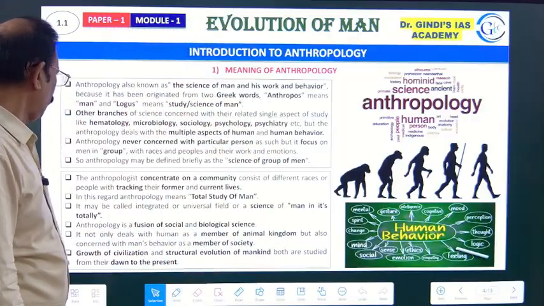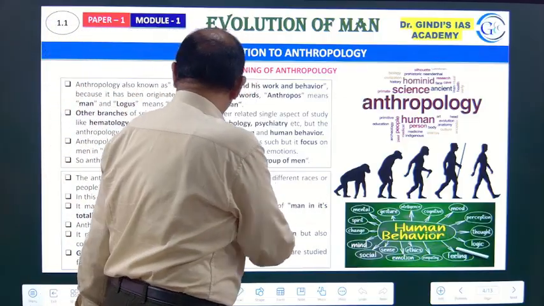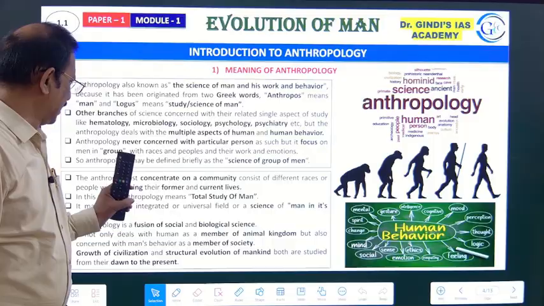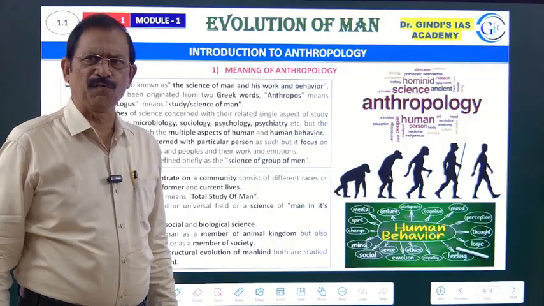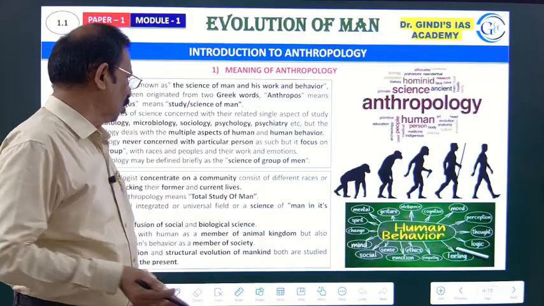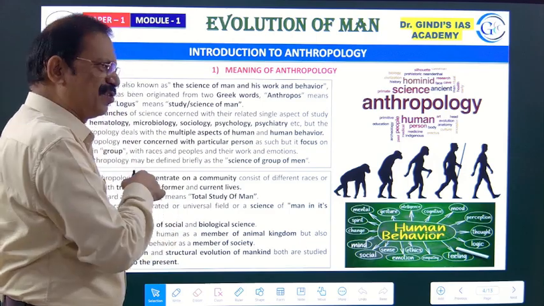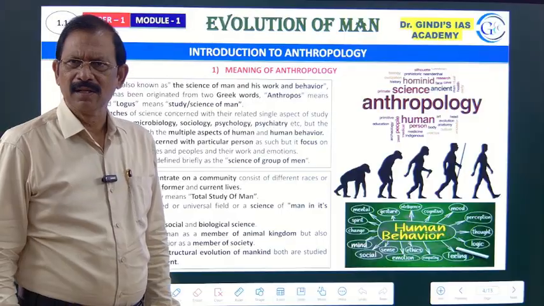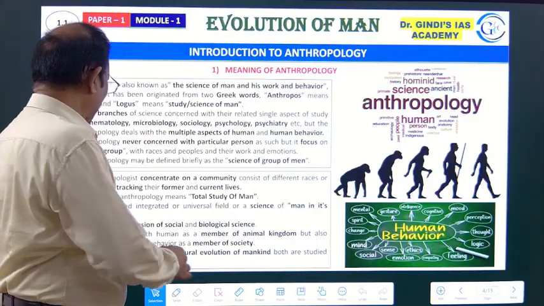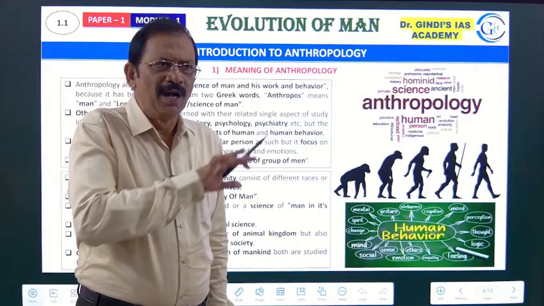Then anthropology concentrates on a community consisting of different races, tracking their former and current lives. Former means previously, past. Current means at present. What happened in the past? What is going on in the present? Like this, anthropologists study a community, not an individual, as a whole.